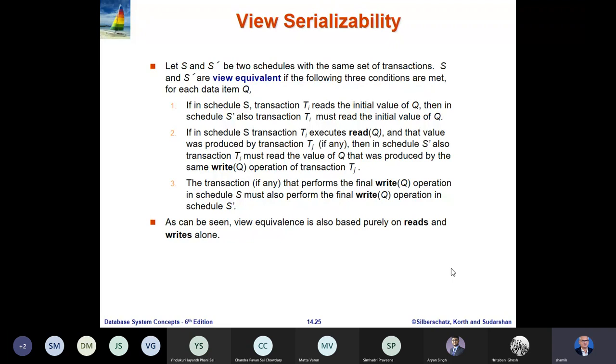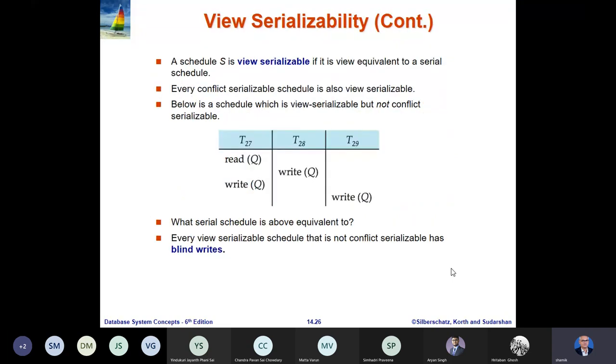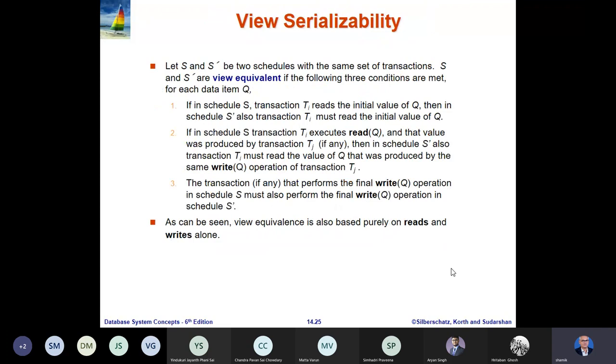Point number 2 is not important because no one is actually reading the value of Q produced by another transaction in this particular schedule S. So that's why it says if any.